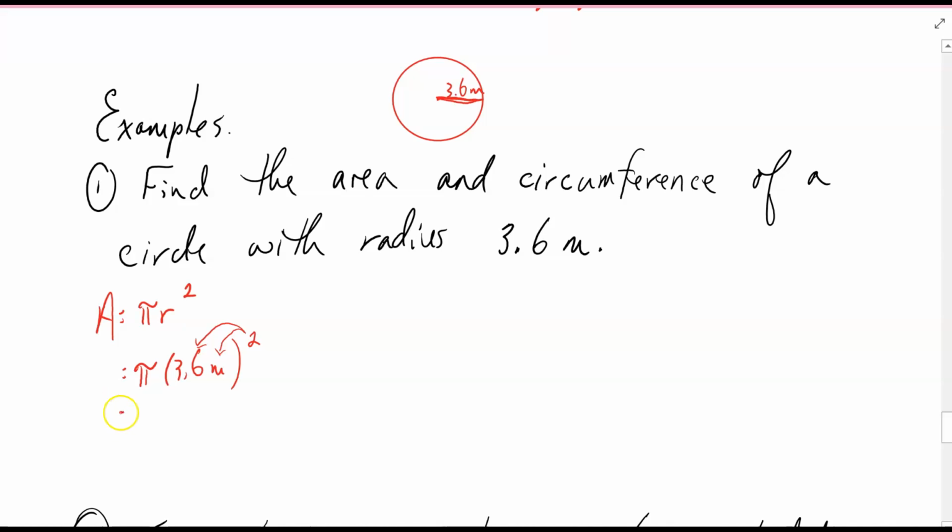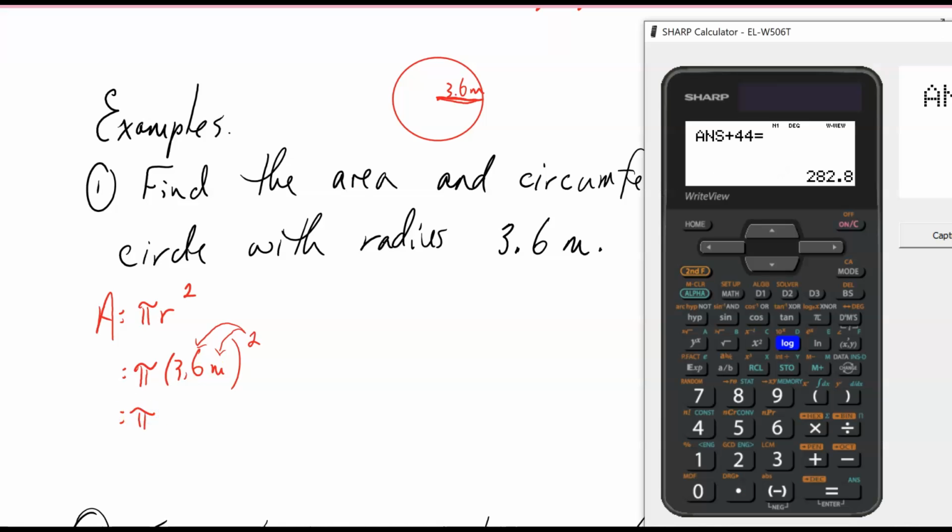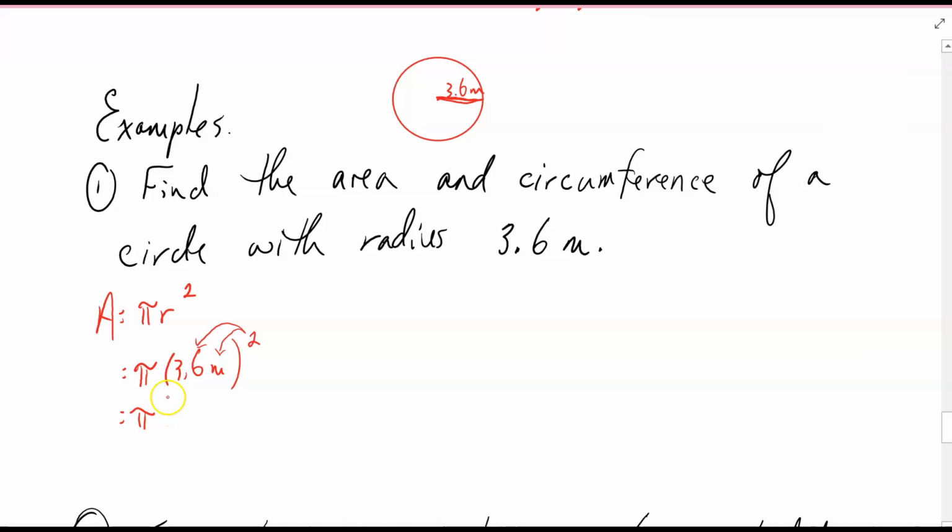So let's take a look at what that looks like. I'm just going to leave the pi in front for now. 3.6 squared. To square that with your calculator, you're looking for the square key and hit equals. 12.96, so that's multiplied by 12.96 meters squared. The only reason I put the brackets there is because I'm multiplying by pi.